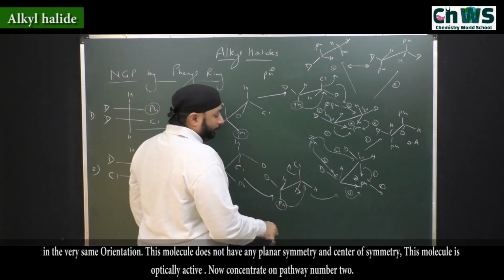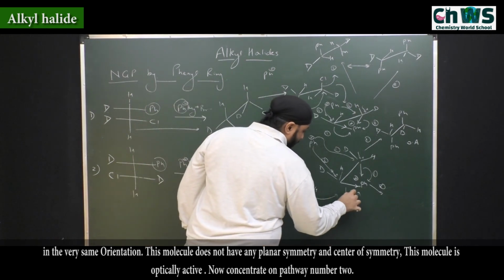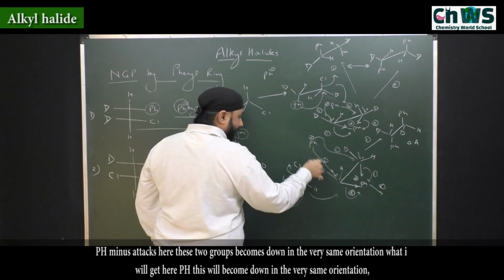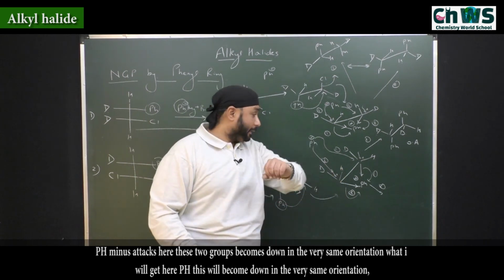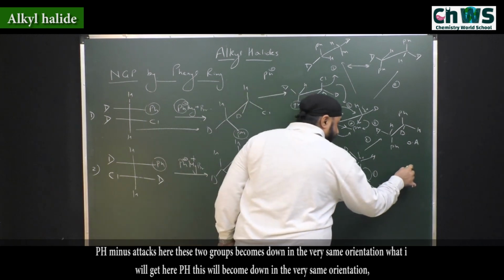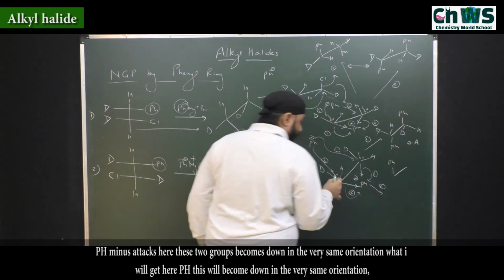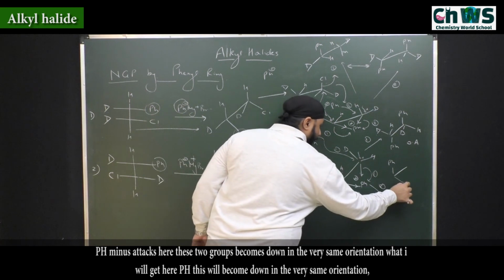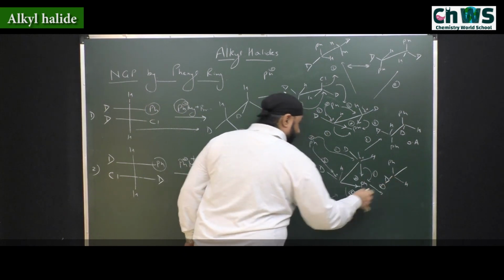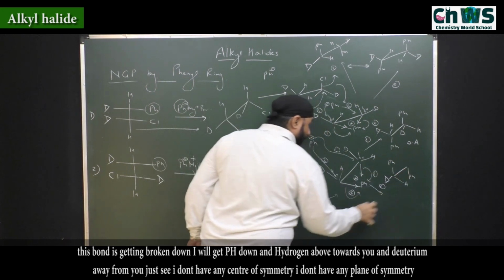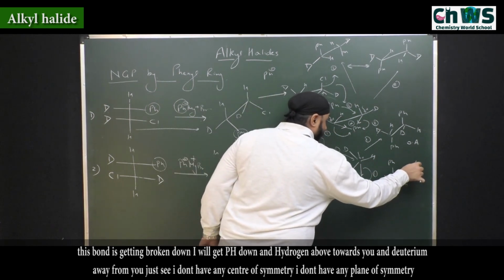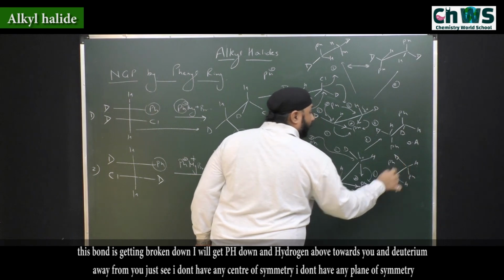Now concentrate on pathway number 2. Ph minus attacks here, these two groups become down in the very same orientation. What I will get here, Ph, this will become down in the very same orientation. This bond is getting broken down. I'll get Ph down and hydrogen above towards you and deuterium away from you.